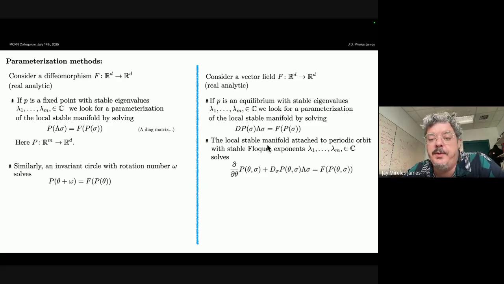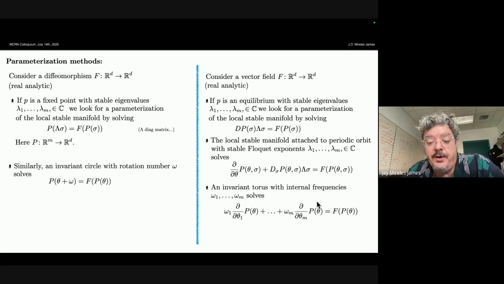Another situation we could be interested in is where we have a periodic orbit and we want to parameterize the stable or unstable manifold attached to the periodic orbit. Now we have a periodic variable going around, and then we have a motion along this stable or unstable manifold, the sigma, and we'd like to find this parameterization of an m-dimensional cylinder, which would be our local stable manifold, and that parameterization solves this kind of functional equation.